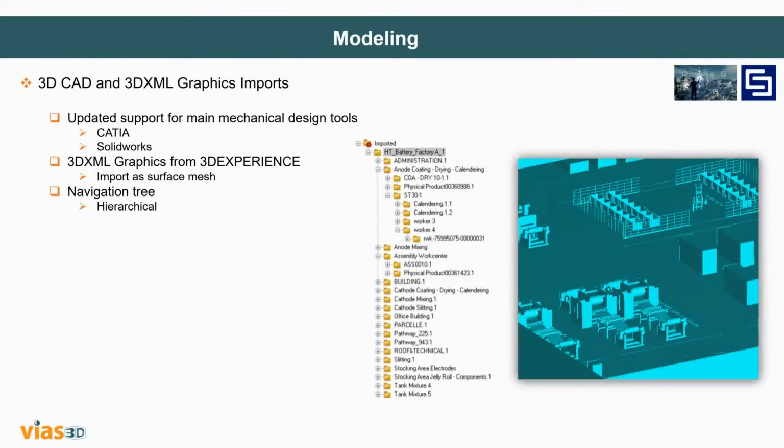These models will be very, very large, mammoth models, which require a huge amount of mesh. So right now we support 3D XML graphics import, and we continue to improve the access to 3D CAD data. And as usual, we update the 3D CAD import from main mechanical design tools like CATIA or SolidWorks. The picture on the slide represents a battery factory imported as a mesh.